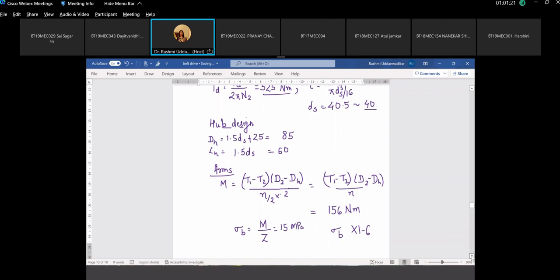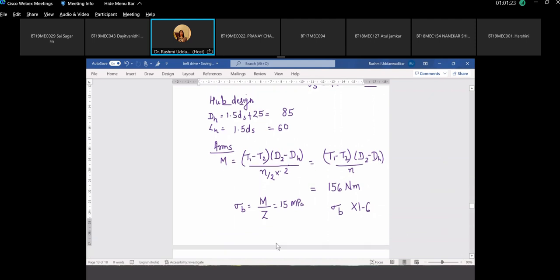For the elliptical cross section, the very first page is giving you the value of Z, which is pi B H square by 32. Now it is elliptical cross section, and we'll always assume its width to be half of its depth.